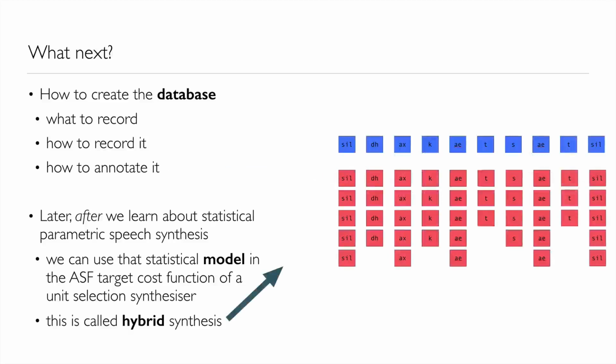And finally, we'll come full circle to this thing called hybrid synthesis, which is probably best described as unit selection driven by a statistical model. So here's classical unit selection, and a hybrid method would take the target sequence of units and replace it with predicted acoustic parameters, and use those to go and match candidates from the database. So the target cost will be in this acoustic space.